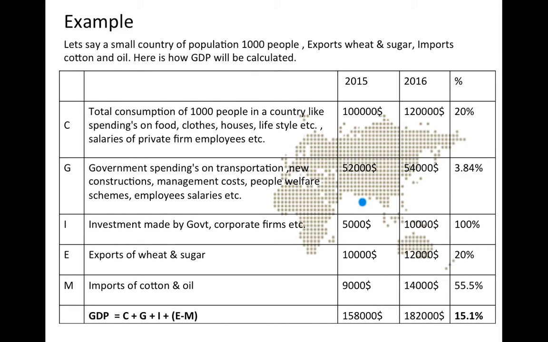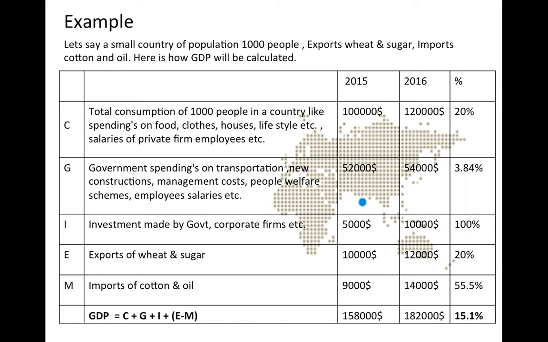See this example to understand how GDP is calculated with the expenditure approach for a nation. Let's take a small country of population 1000 people, and this country exports wheat and sugar, imports cotton and oil. Let's see this table. In 2015, total consumption by people is $1 lakh, and the government spendings are $52,000, whereas investment made by private firms is $5,000.